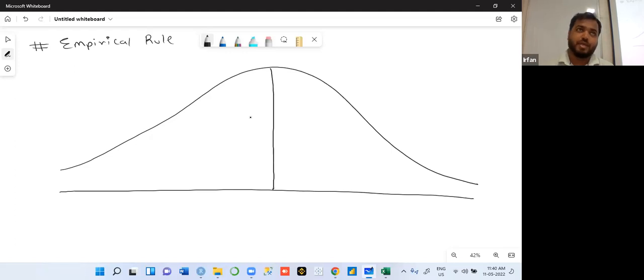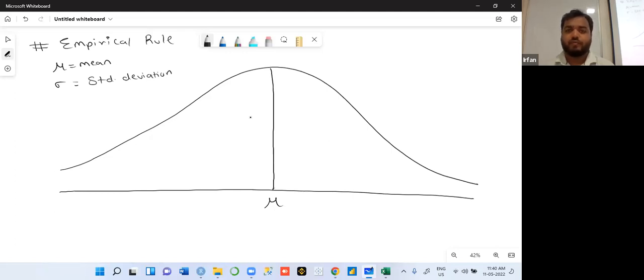At the center I have taken mu. Mu stands for mean. This mu is our mean. Sigma means standard deviation.